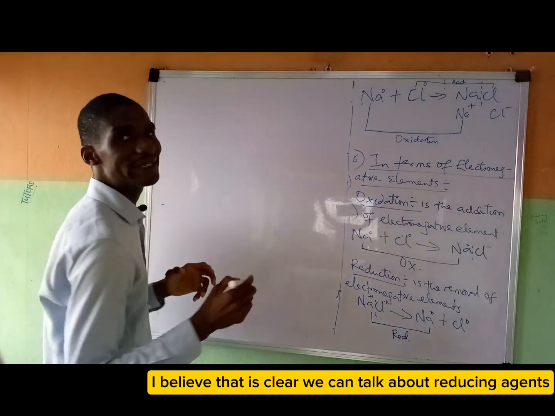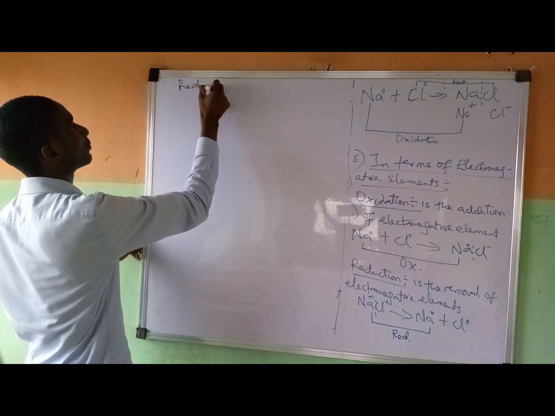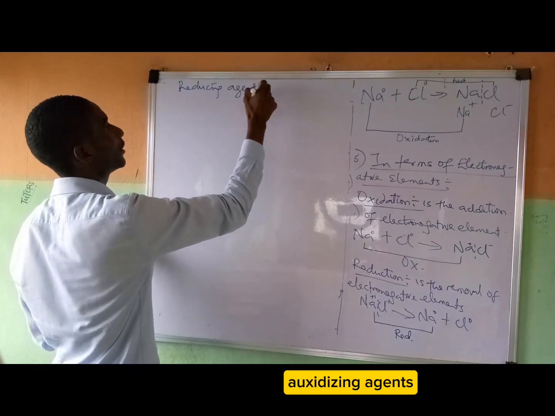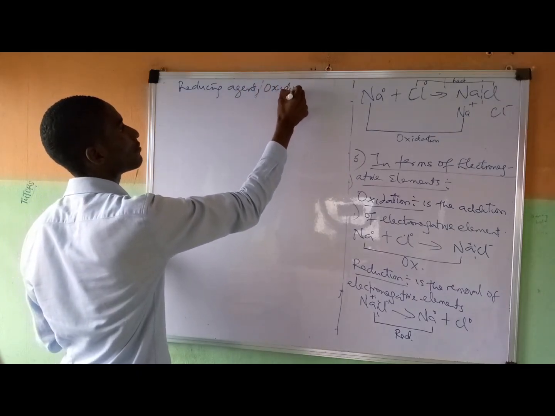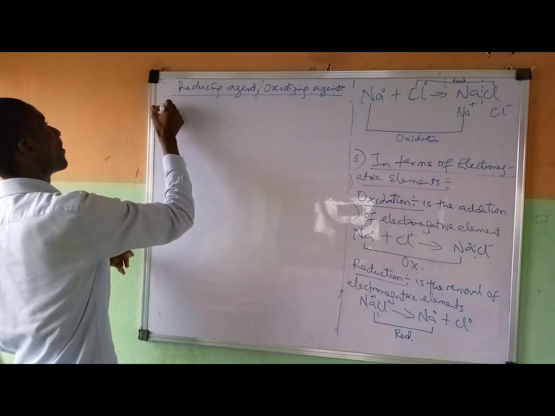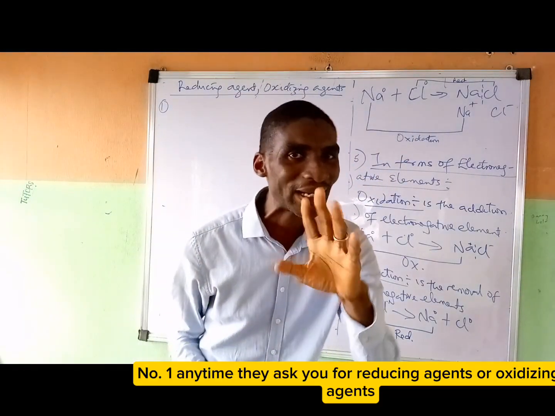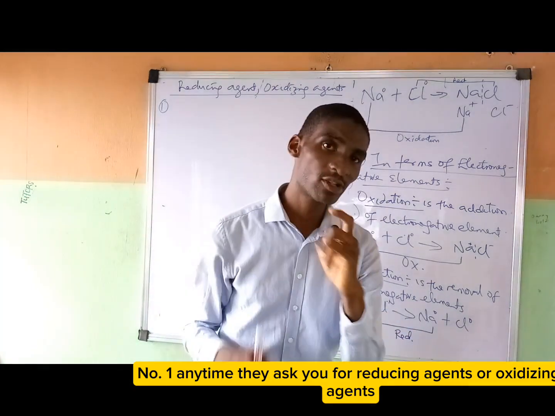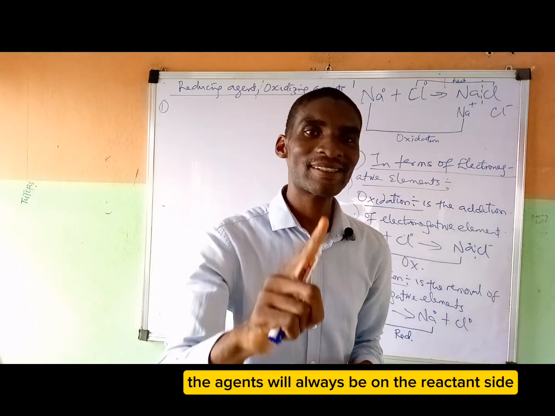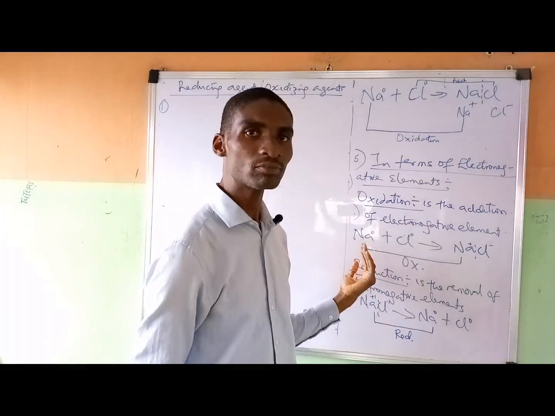Okay, talk about reducing agent, oxidizing agent. Now there are certain things you need to know. Number one, anytime they ask you for reducing agents or oxidizing agents, the agents will always be on the reactant side.